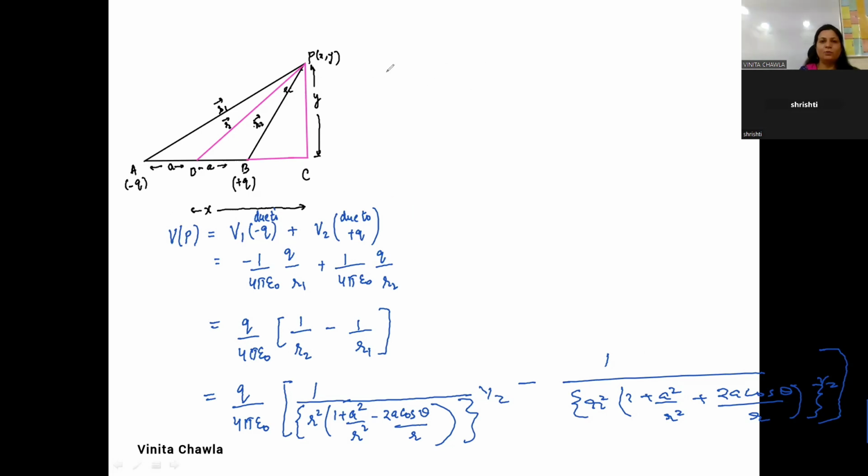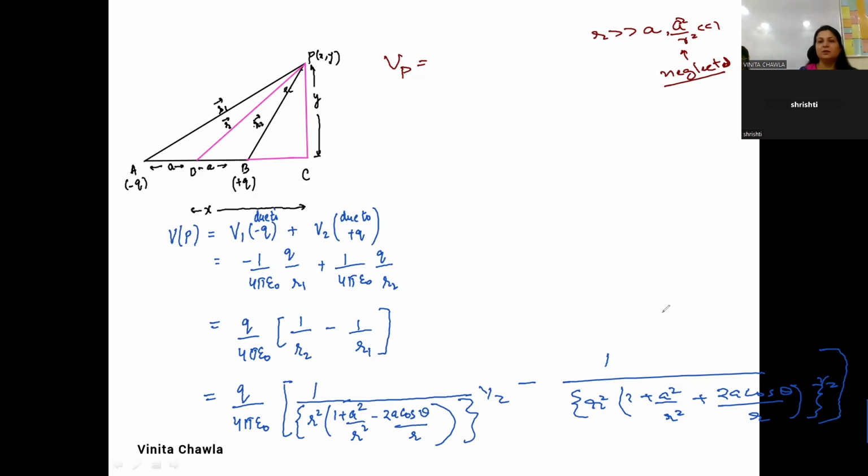Okay, so now we can write electric potential at P. If we consider this r very, very greater than a, then a square by r square can be neglected. We can neglect this, so we just don't write this a square by r square in both the terms.